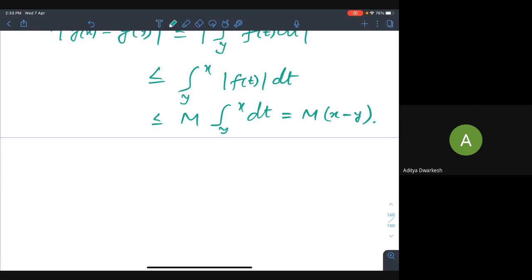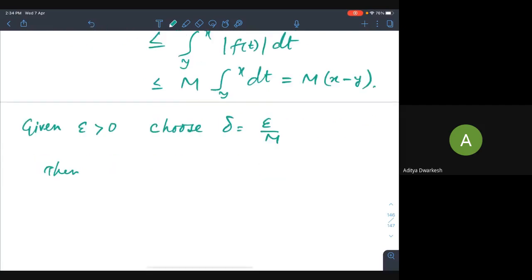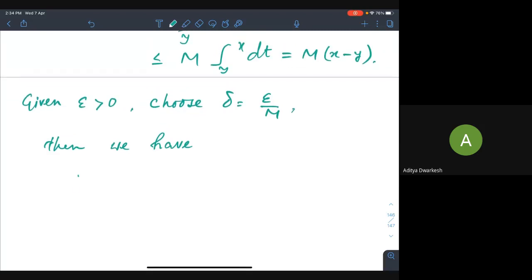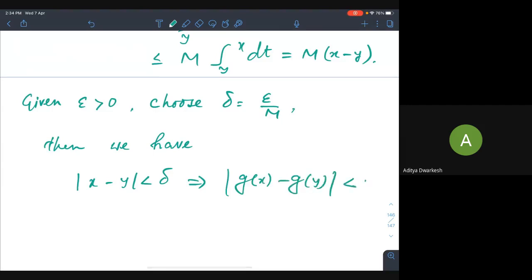Now, therefore, given epsilon, choose delta to be epsilon by M. Then we have |x minus y| less than delta implies |G(x) minus G(y)| less than epsilon, right?